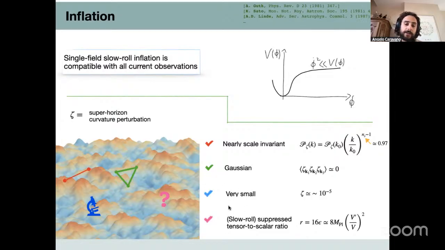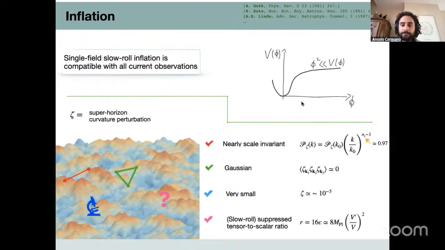Then it predicts that they are very small, and it predicts a slow-roll suppressed tensor to scalar ratio. We haven't observed gravitational waves yet, tensor modes in the early universe, but definitely this is compatible with slow roll inflation, which predicts a tensor to scalar ratio suppressed by the slow roll parameter epsilon, which basically tells you the flatness of the potential.